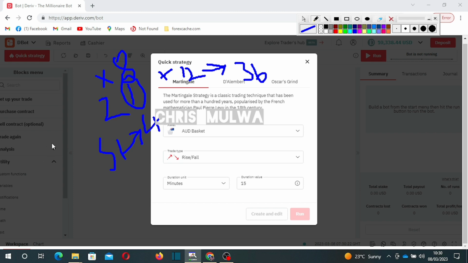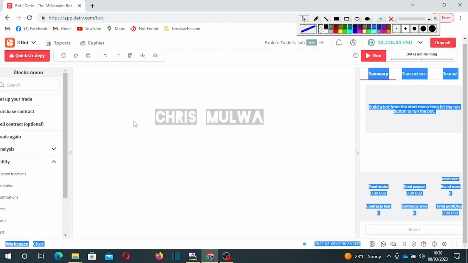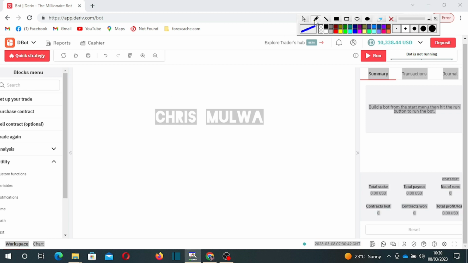So the problem with the Martingale is when you have subsequent losses. If you use a Martingale of one, and let's say your stake was $2, the next stake will be $4.